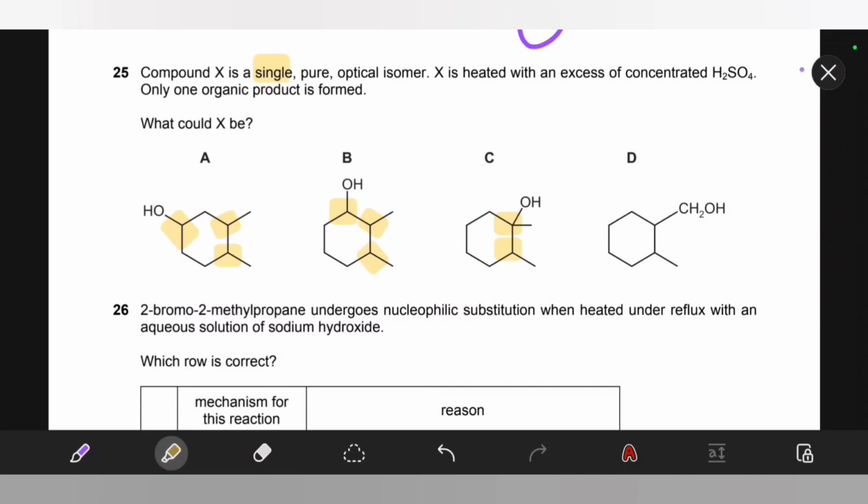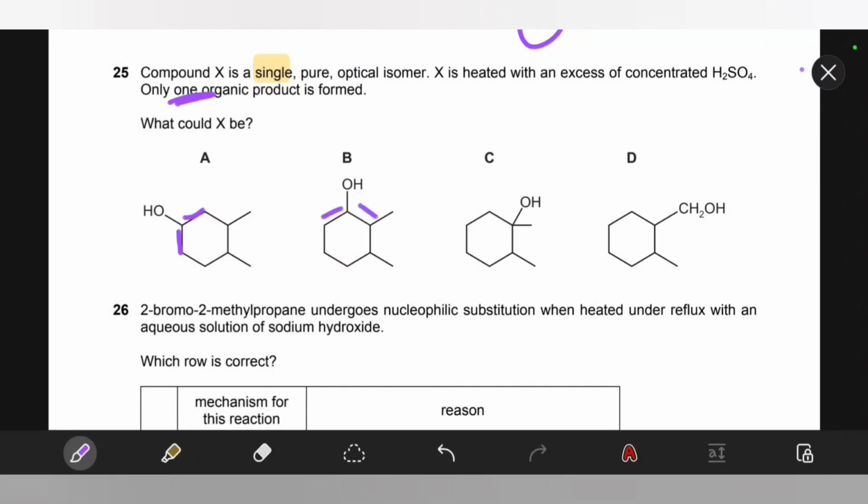In D, let's see what is going to be formed if heated with excess concentrated H2SO4. In A, a double bond could be formed here. It could be formed here as well. So one organic product is not forming. In B, it could be formed here or here.